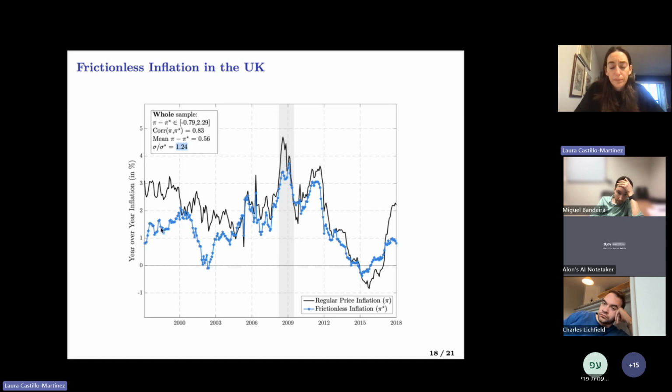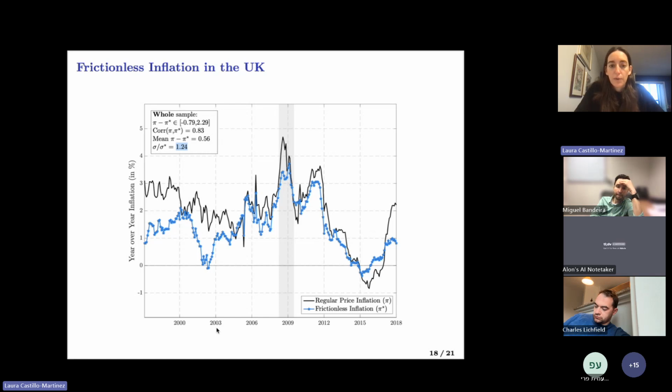In general, and this is already anticipating where we're going, especially as we move over time, it's very clear that movements in frictionless inflation tend to precede changes in the black line. So we can already anticipate that frictionless inflation is going to be a good leading indicator of actual inflation.